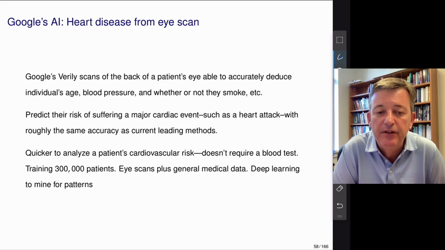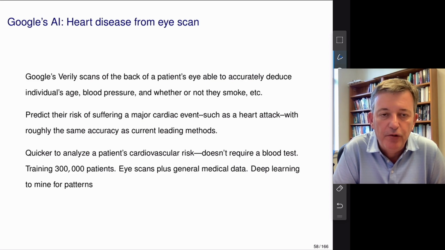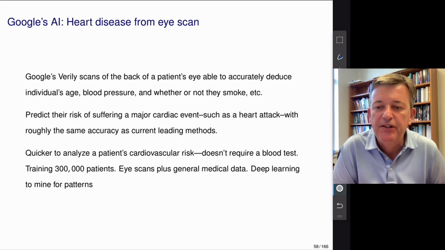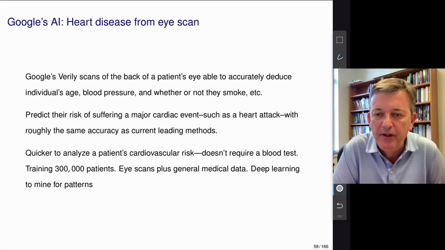Another famous one that Google Verily advertised was trying to understand heart disease from an eye scan. So rather than taking a blood test, I think one of the other diagnostics for looking at your health is to look at the back of your eye. I think that's where your capillary tubes are the smallest. So if you have any kind of problem in your blood system, that'll show up at the back of your eye.